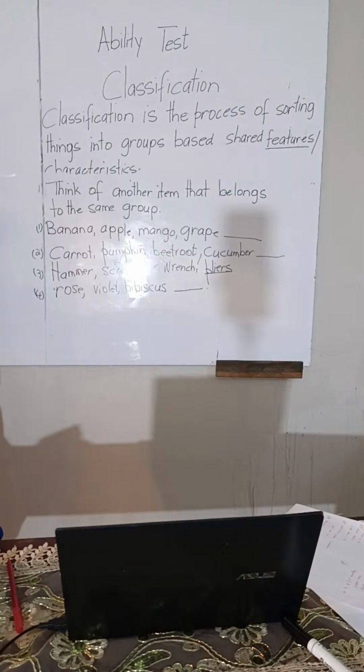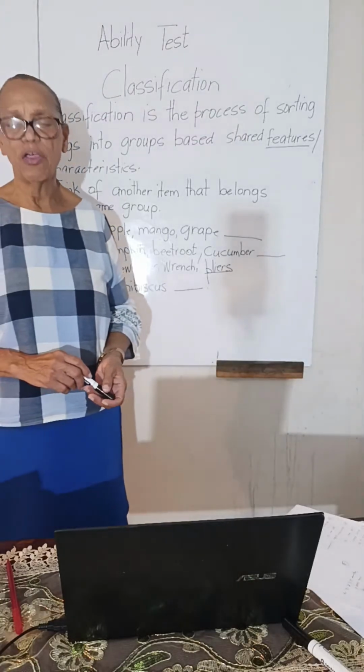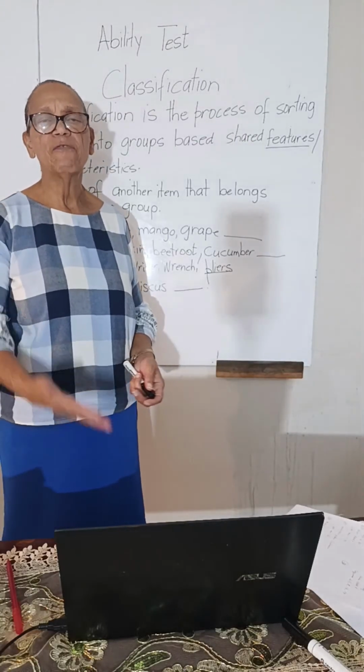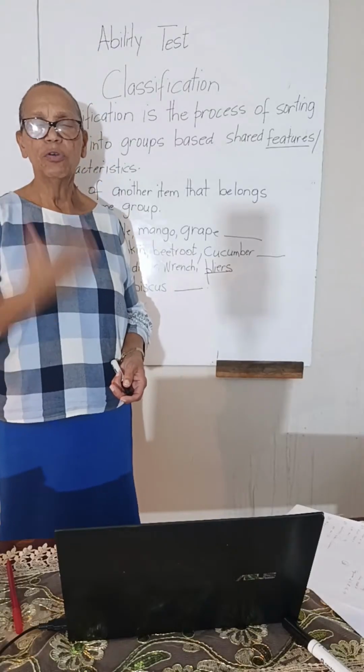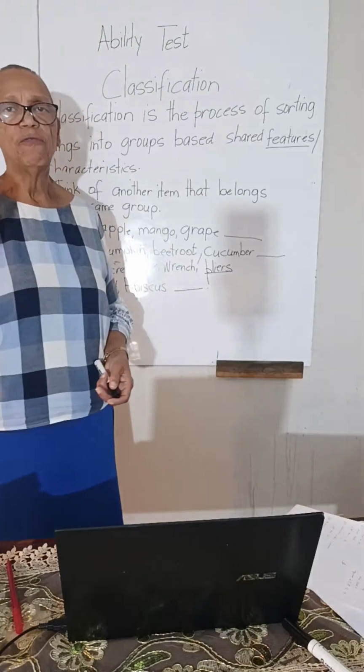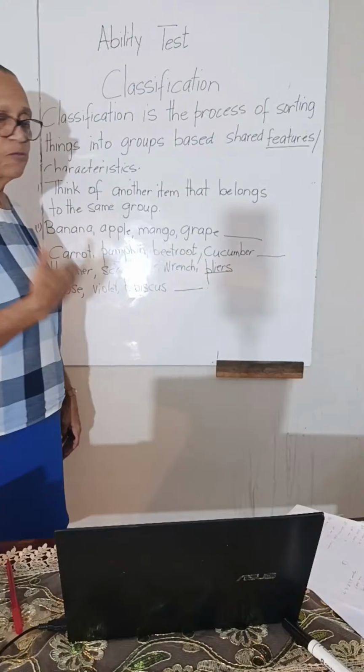Rose, violet, hibiscus. So they're all flowers, so you could find another one. So the idea is to find another one that would add to the list and fit the group.